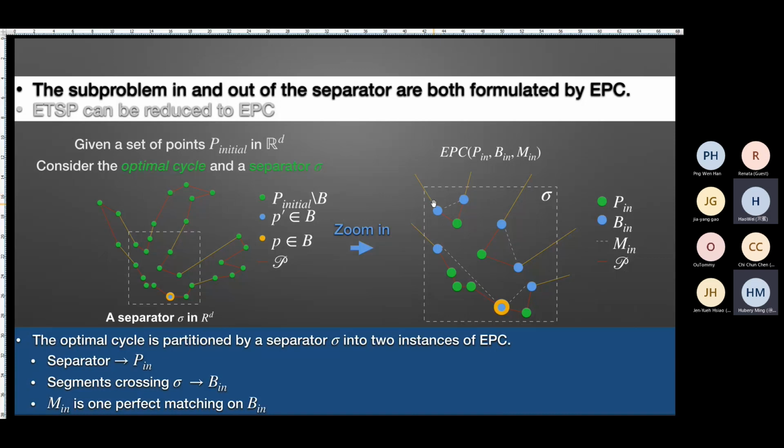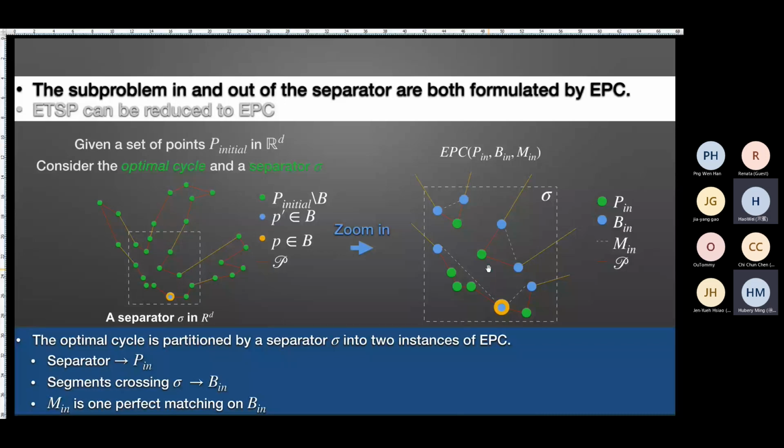We identify each point in the separator into the point set P in. For the second input, they are the end points of those segments crossing the separator. For the third input, there is a certain perfect matching on the second input, that is the perfect matching on the boundary points inside the separator.